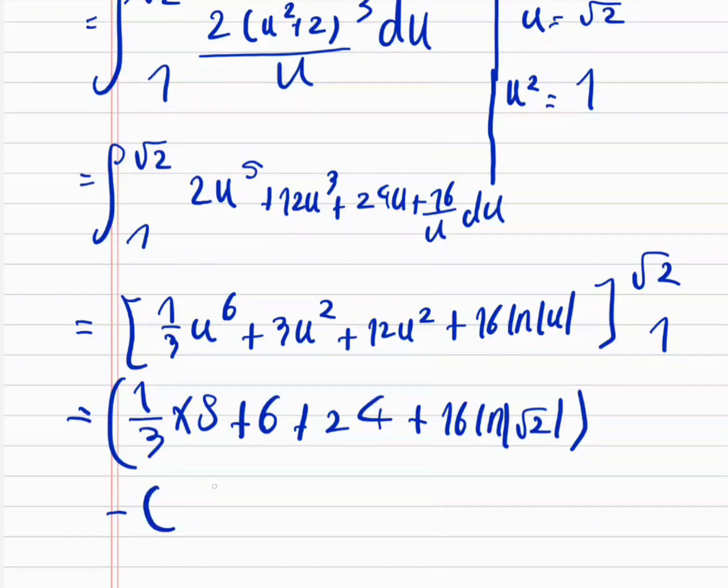Then we subtract when we substitute 1, which is 1 over 3 plus 3 plus 12 plus 16 ln 1, but that's just equal to 0.